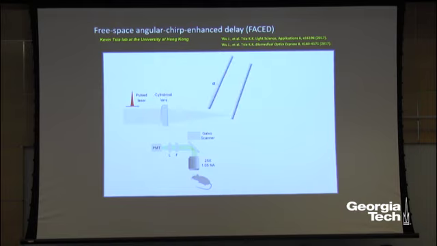So what a FACED module is, is very simple. It's made of a cylindrical lens and a pair of mirrors that are almost parallel to each other, except for a very small angle alpha. When you have a cylindrical lens, you will now focus this light down in 1 dimension, and then you can send this into the FACED module. So now something interesting is going to happen. If you look at this red beamlet, it's going to bounce, bounce, bounce.